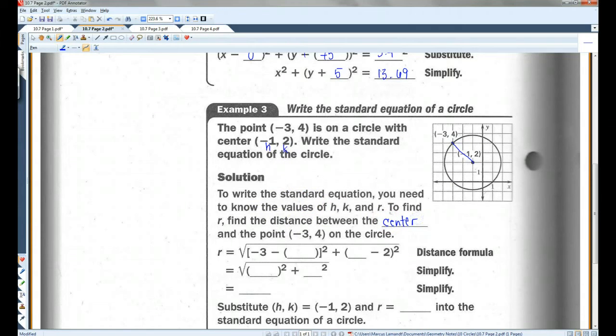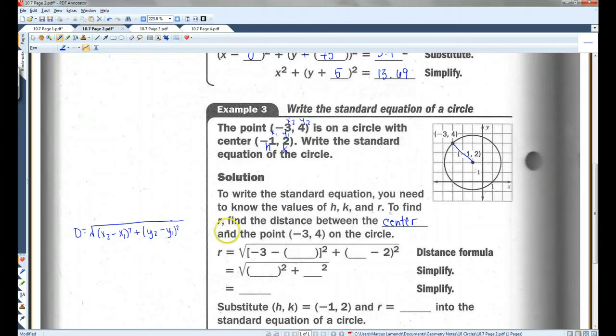and the point given. Alright, just a reminder, the distance formula is the square root of (x2 minus x1) squared plus (y2 minus y1) squared. Okay, so let's see here. Let's go from the center to the point, so x1, y1, x2, y2, and we'll just plug it in.